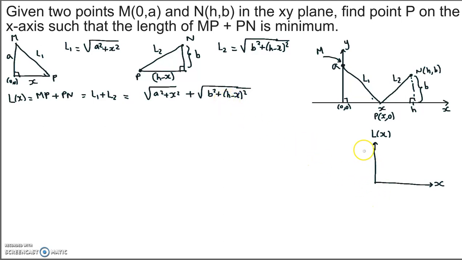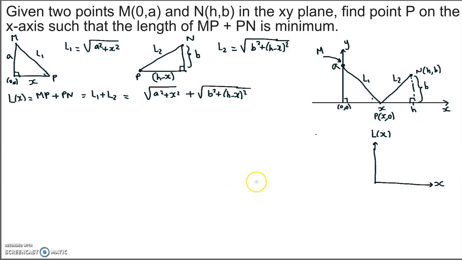And if we move X all the way, let's say far to the left, L will have a certain distance, and as you bring it in closer, the sum of L1 plus L2, just by looking at it, is expected to decrease. And then if you move X all the way far to the right, then the length of L1 plus L2 is expected to increase.